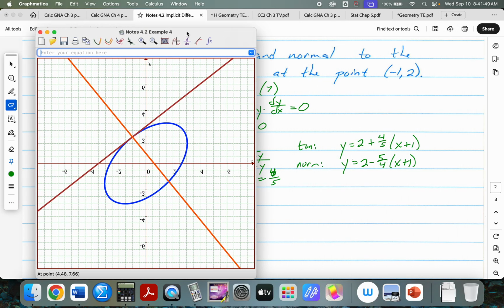And the graph looks sort of like this. Here's your rotated ellipse. You've got your tangent line here, and then your normal line here. All right.